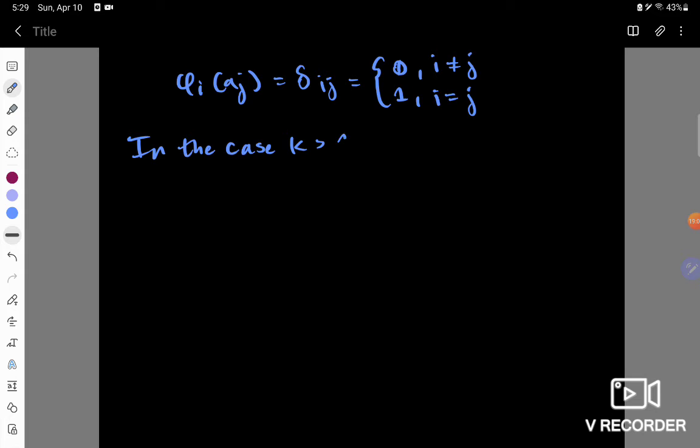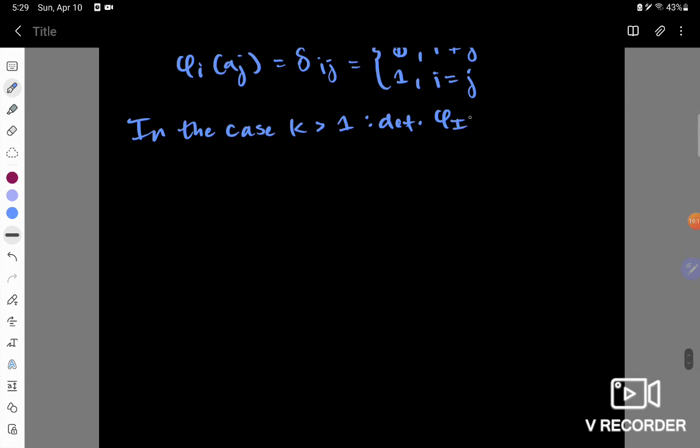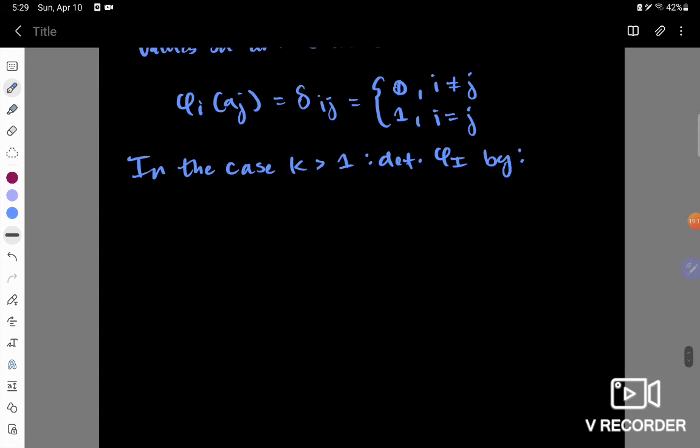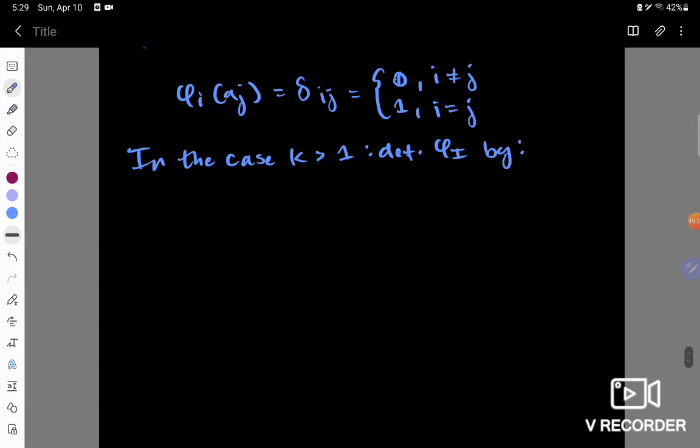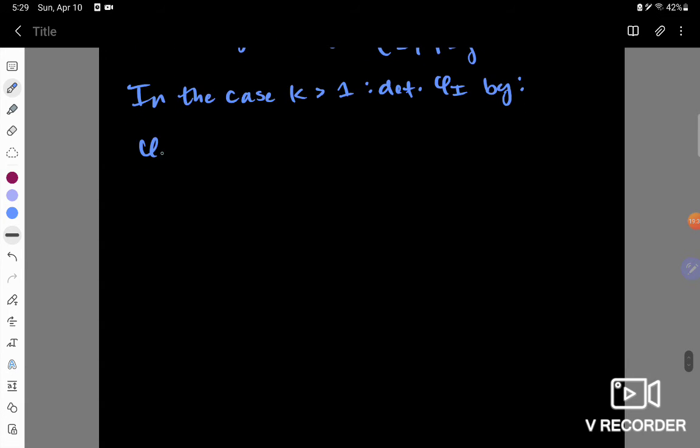In the case k is greater than 1, so now we're looking at more than just the dual space, we define phi I differently. Instead of looking at k equals 1, where you just had one index to examine, in k you have k-tuples, so you have to examine k elements in this set, whereas you just had a single index here, right? You define it like this.